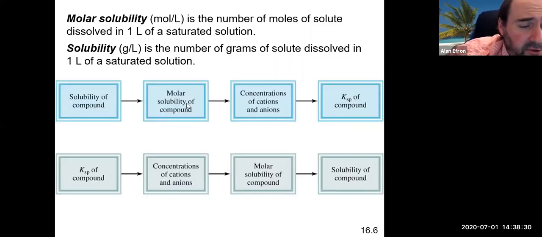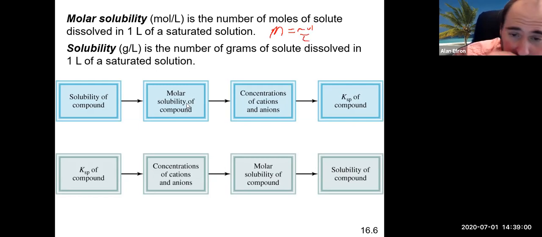So let's talk about how we approach problems that involve solubility. There are really two types of solubility that we're asked to solve for. One is the molar solubility, which is the number of moles of solute dissolved in 1 liter of a saturated solution. Basically we're talking about the molarity, which is moles per liter.